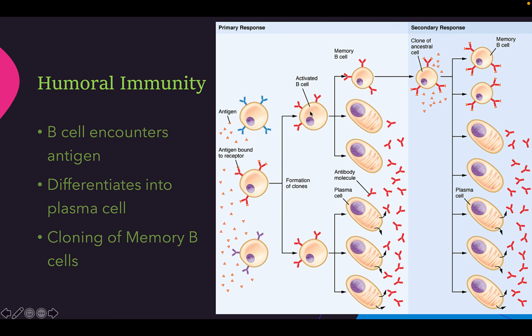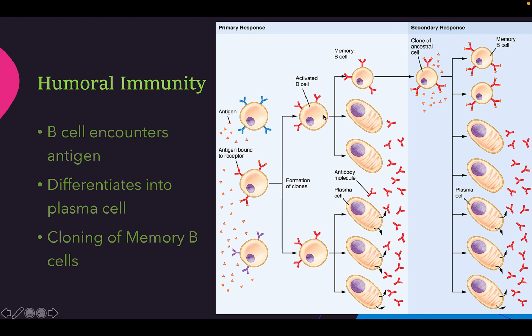That will then make them secrete antibodies. And the secretion of these antibodies is done by these plasma cells. So basically think of it as this B cell binds to antigens and then differentiates into a plasma cell, and then it makes some antibodies.